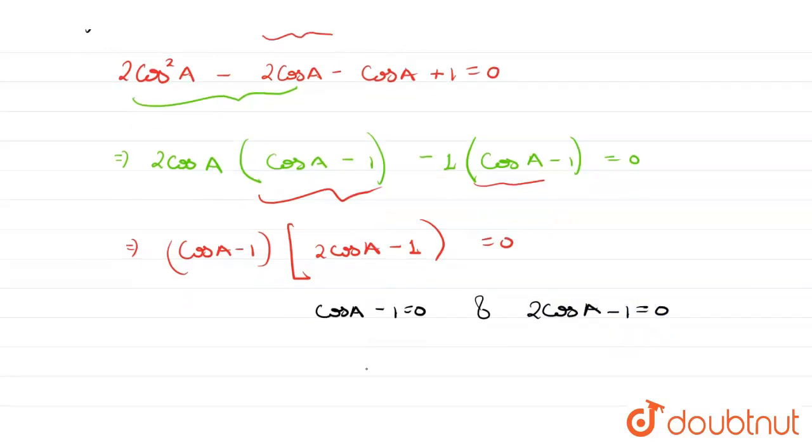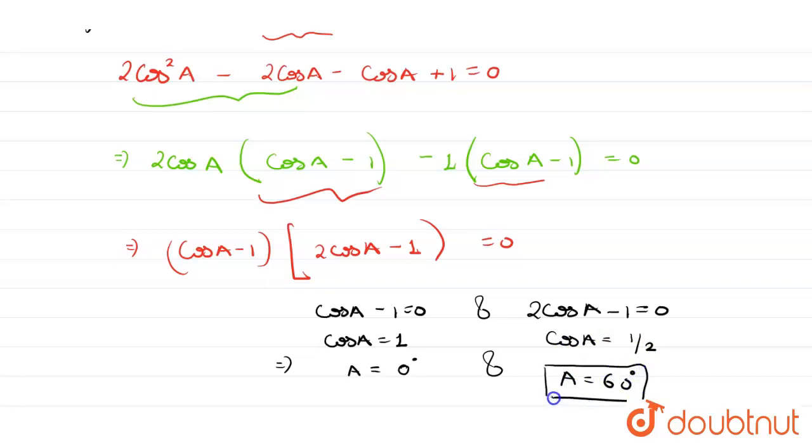Now from this we get cos A is equals to 1, which is A is equal to 0 degree, and cos A is equals to 1 by 2, which is A is equals to 60 degree.